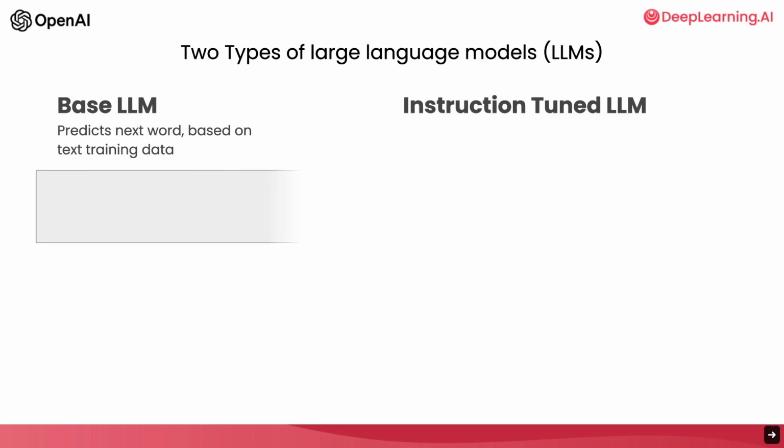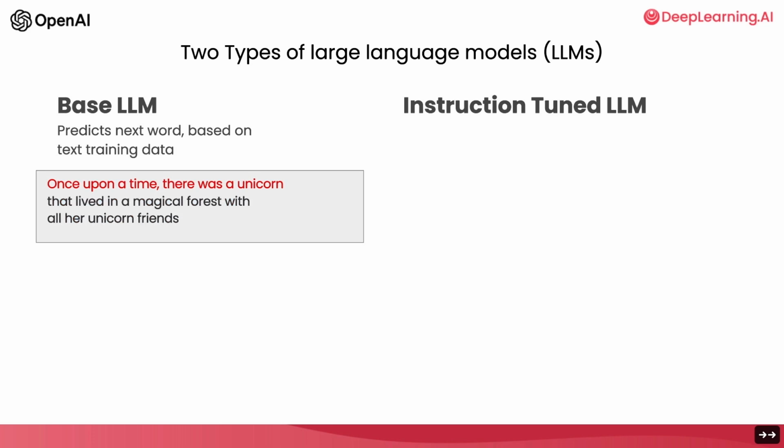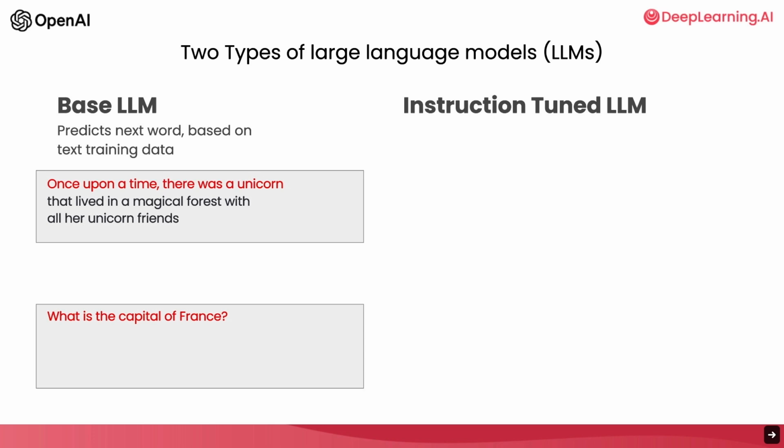So for example, if you were to prompt this, "Once upon a time there was a unicorn," it may complete this, that is, it may predict the next several words are "that lived in a magical forest with all unicorn friends." But if you were to prompt this with "What is the capital of France?", then based on what articles on the internet might have, it's quite possible that the base LLM will complete this with "What is France's largest city? What is France's population?" and so on, because articles on the internet could quite plausibly be lists of quiz questions about the country of France.